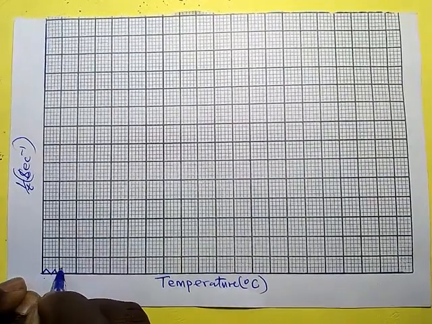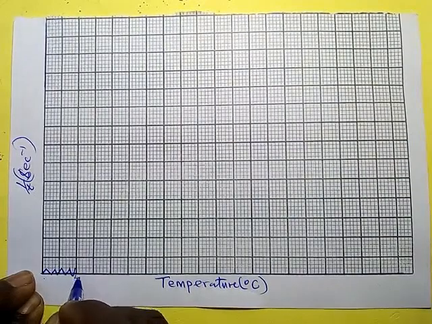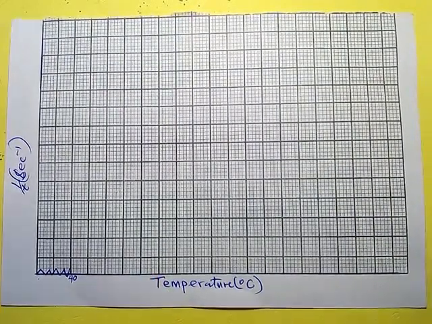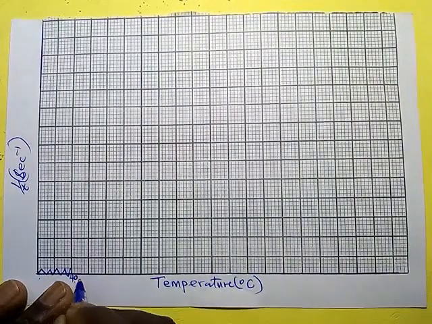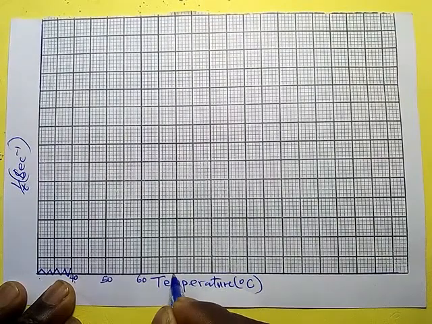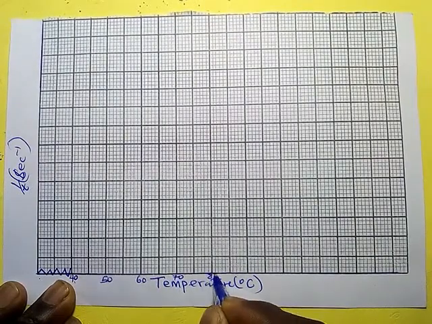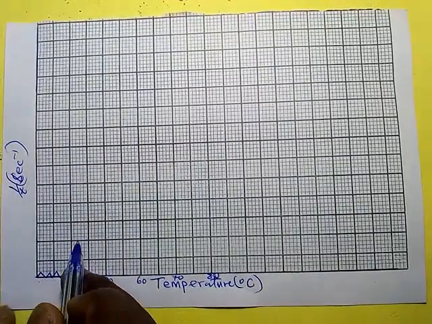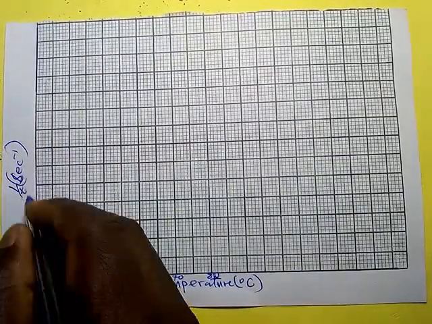We can break it like this, and we start here at 40. 40, 50, 60, 70, 80. This one we will begin at 0, the y-axis.